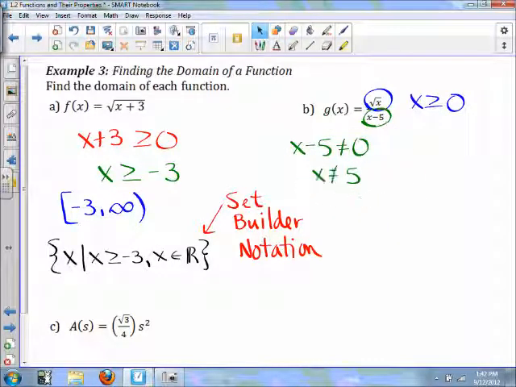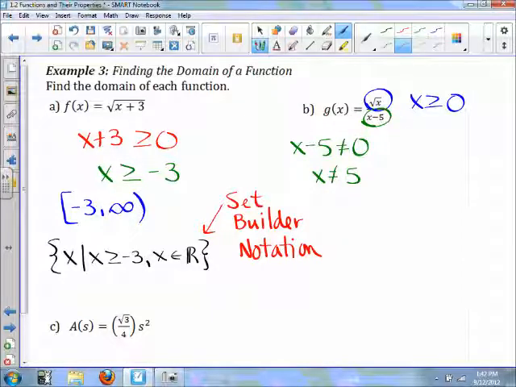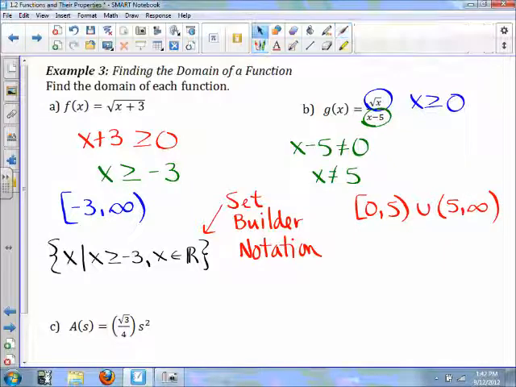So now, our domain will be like this, because it's got to be greater than or equal to 0. Our interval notation, 0 to 5, not including 5, in union with 5 to infinity. That's interval notation.